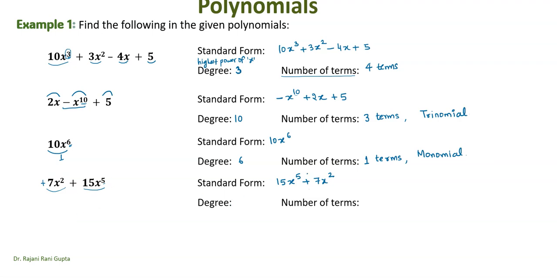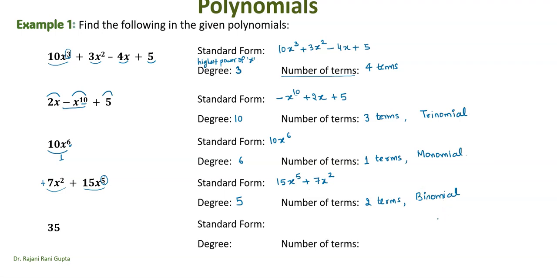The degree is the highest power of x, which is 5. How many terms are there? Two terms. So what do we call a polynomial with two terms? Yes, we call it a binomial.